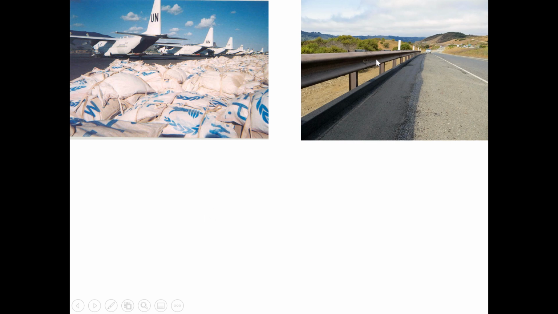As a couple of illustrations of that, all over the world people are involved in charitable work. They give away food, they give away health care, there's GoFundMe, there are things where people give away money, and that does not have a great rate of return when it comes to maximizing the profits that go into your wallet. Yet people still do it, so there must be some motivation other than maximizing profits. Here is a picture of a highway guardrail, and those are expensive, both in materials and installation costs.